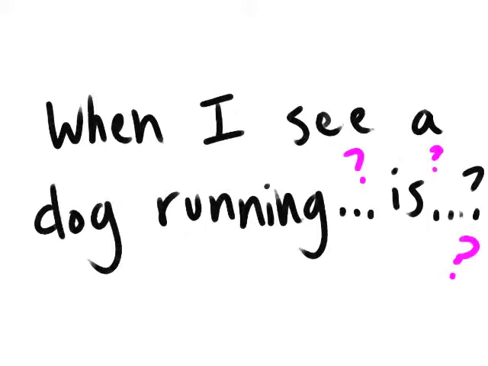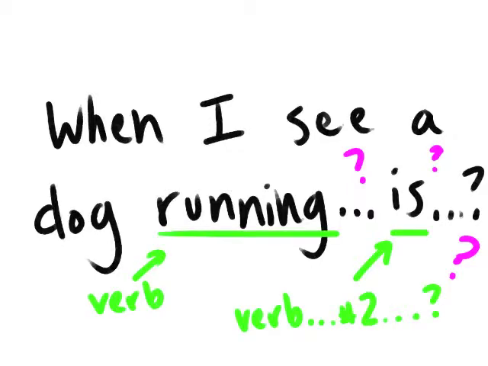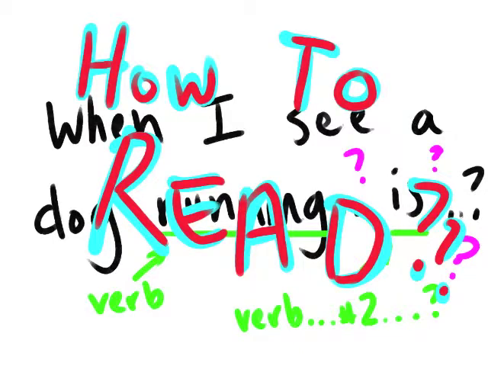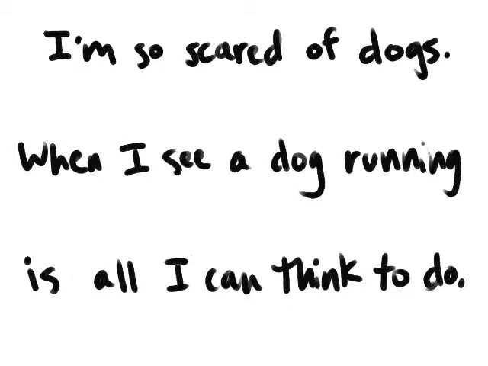Obviously, this is confusing. What we seem to have is two verbs. We have the verb running, so dog running, and then we have a second verb is, dog running is. That doesn't make any sense. When we go back to the full sentence, we know by the when, because of our woobis, that this is going to be an introductory phrase.